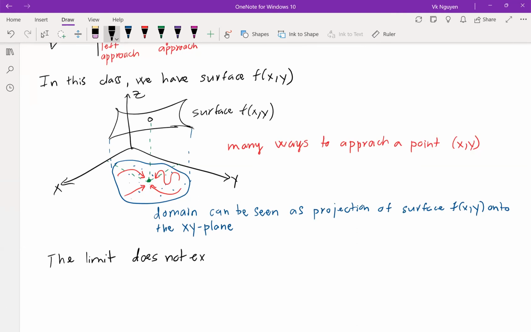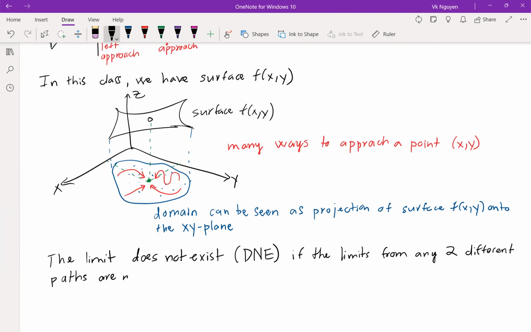The limit does not exist, DNE, if the limit from any two paths are not the same. Two different paths. In case the limit from all the different paths are the same, then the limit exists.